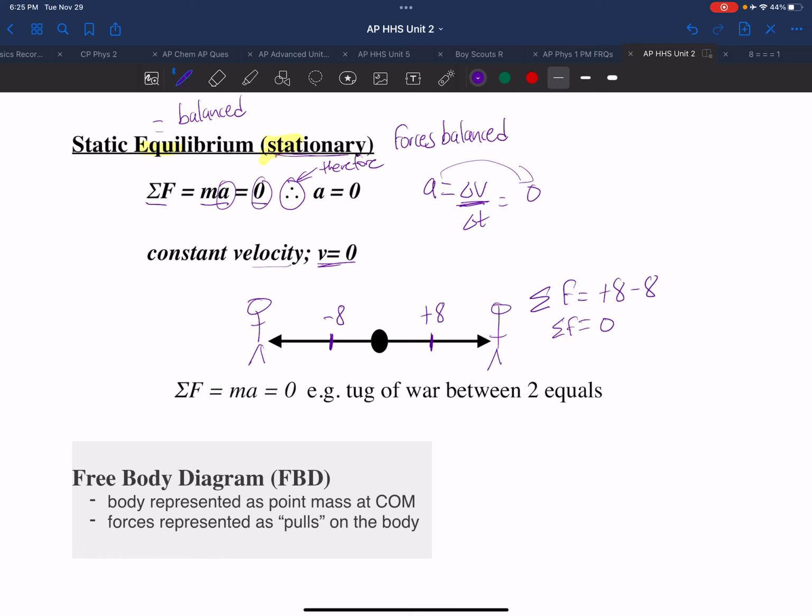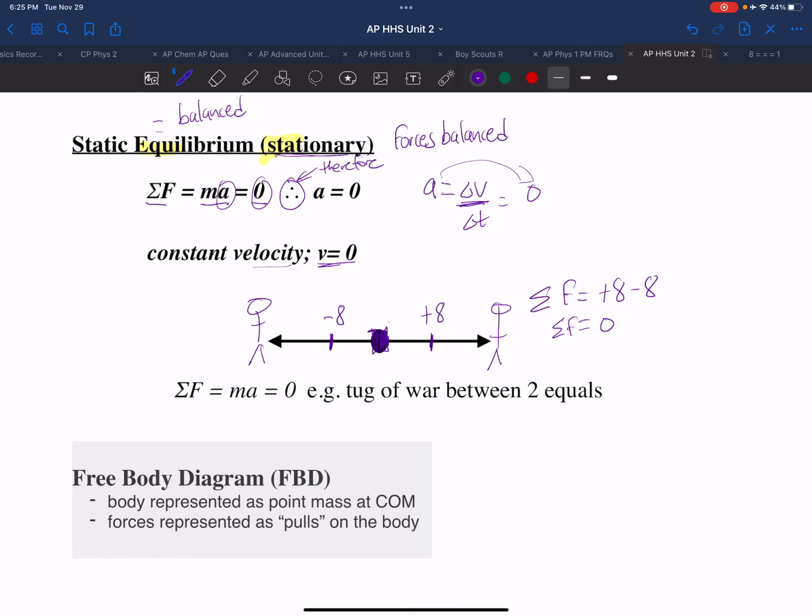Now, I introduced this term, what we call a free body diagram, and there are two essential elements of a free body diagram. This is an example of a free body diagram. It's pretty intuitive to understand. The first element is we take the object in question. Let's suppose in this tug of war, it was actually tied onto a box.